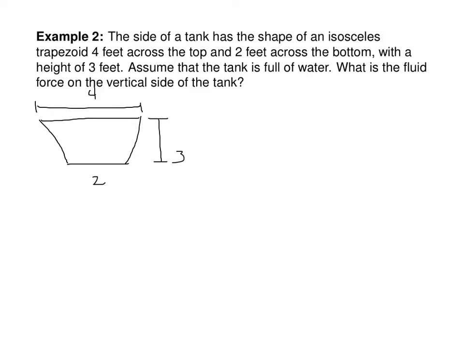So we are going to orient this such that this is my y-axis and that is my x-axis. That makes this the point 1, negative 3. This is the point 2, 0. Over here we have negative 2, 0. And over here we have negative 1, negative 3.